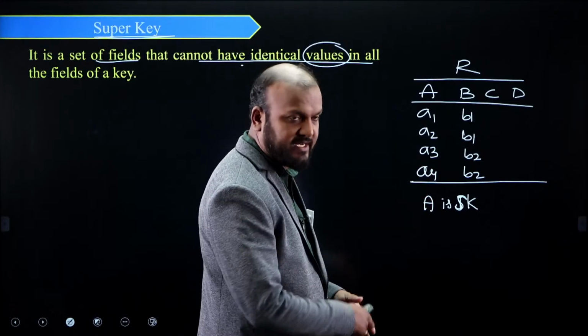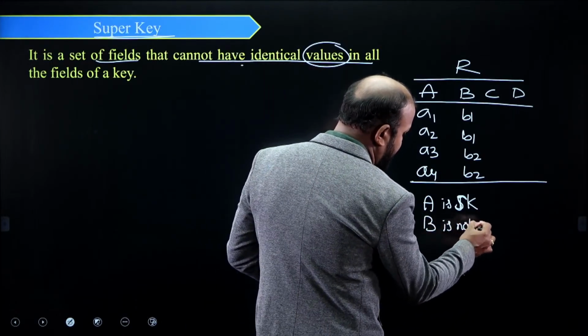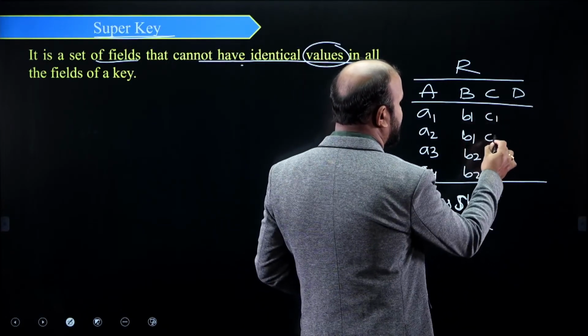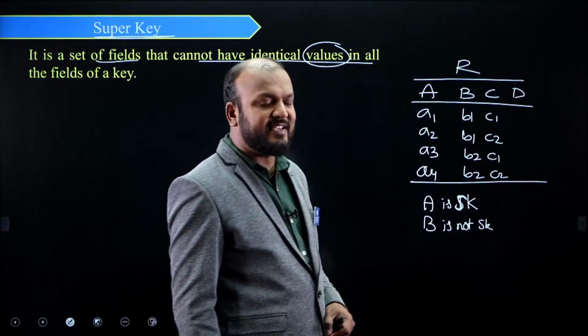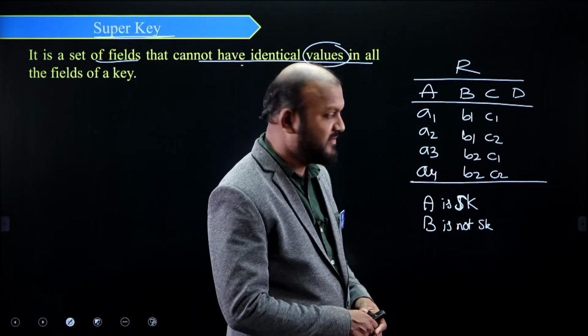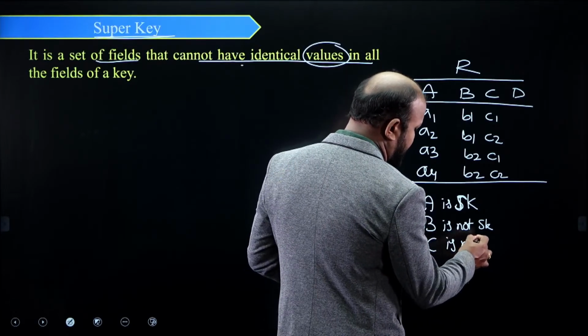So B is not a super key. Look at C: C1, C2, C1, C2. Can I say C is a super key? No. Why? Because C has duplicates. C is not a super key.